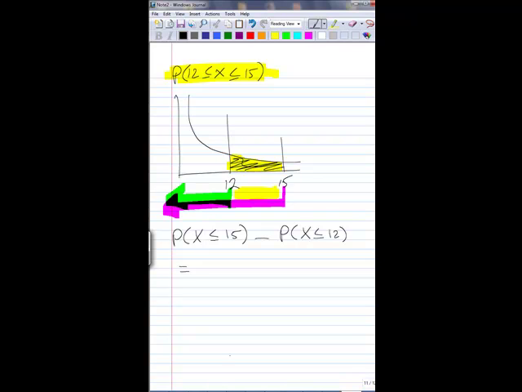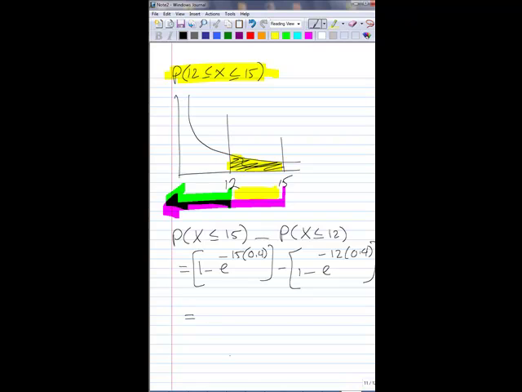So the probability of X being less than or equal to 15 is 1 minus e to the negative 15 times 0.4, minus the probability that X is less than 12, so 1 minus e to the negative 12 times 0.4. By going through the same computations that I did before, which I'm not going to repeat, I'll let that be your practice.